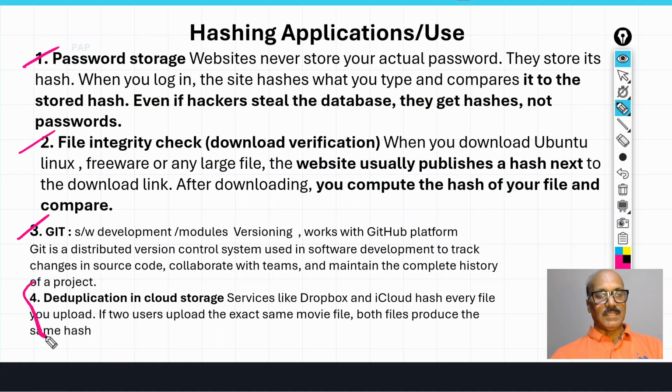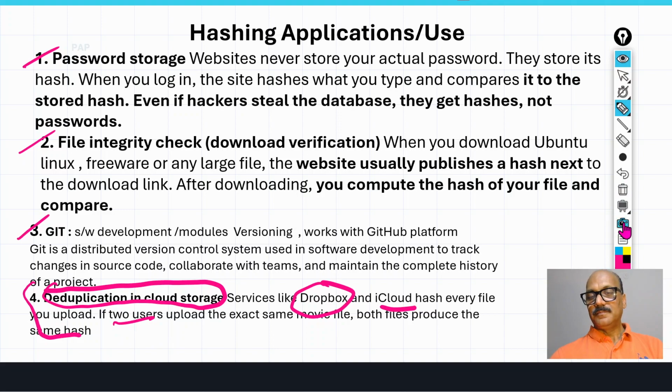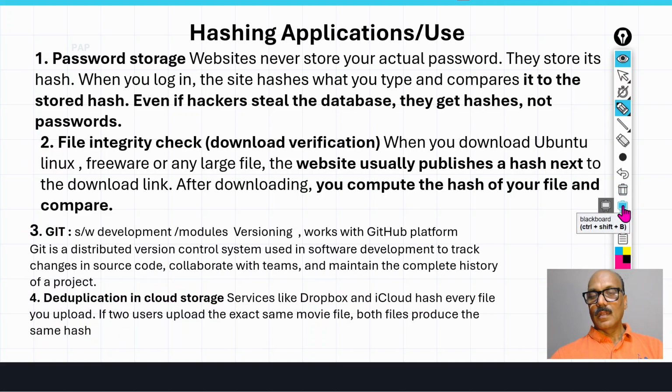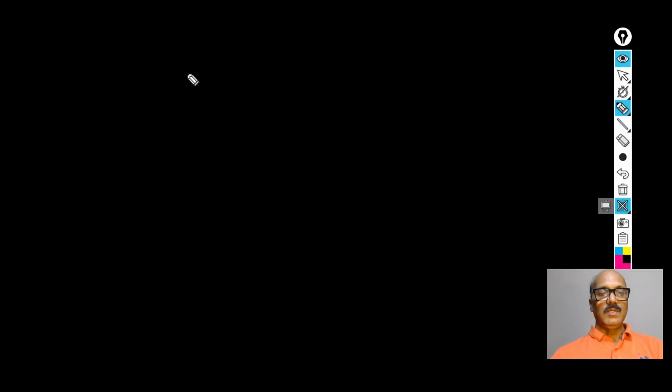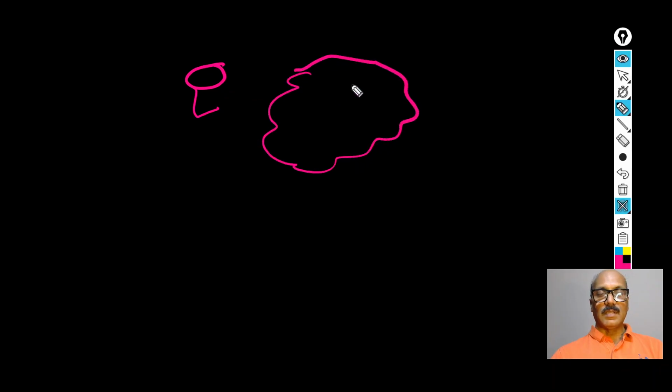So the last one is deduplication in cloud storage, like Dropbox, iCloud. It's very simple. Suppose you are in the cloud, I represent it like this.